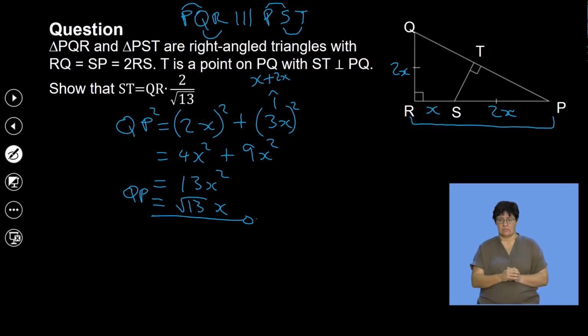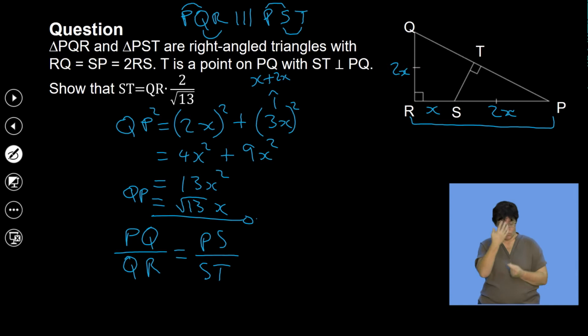So I'm just going to write the ratio quickly for us. This is PQ over QR, I said, is equal to PS over ST. Let me substitute everything that I know.